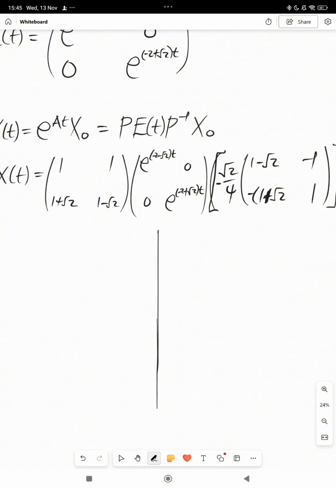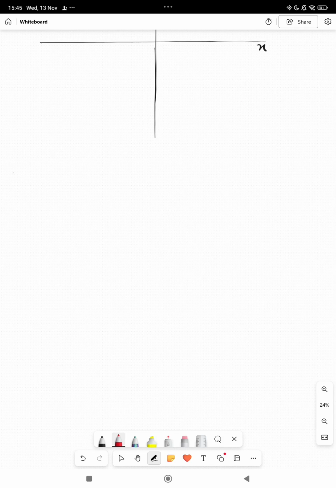Our phase portrait. So we have our y and our x. Our equation of a line for the two values, we write it down here. We know that y is equal to 1 plus square root of 2 x and 1 minus square root of 2 x.